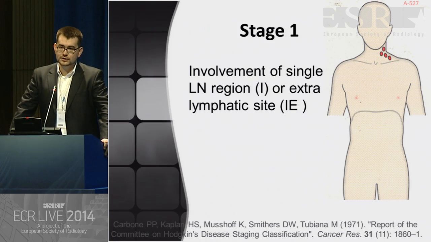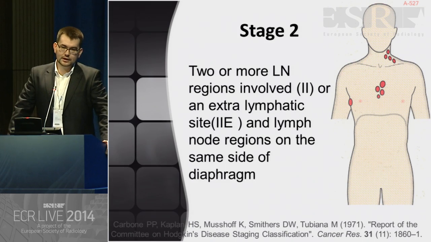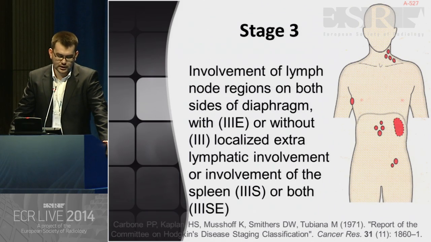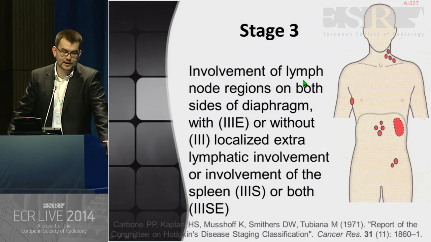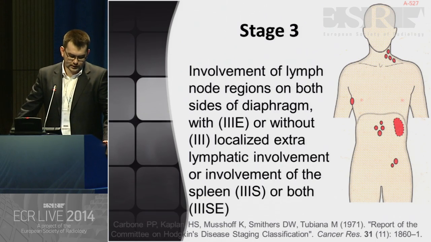The first stage is the involvement of a single lymph node region or extralymphatic site. The second stage is two or more lymph node regions involved, or an extralymphatic site and lymph node regions on the same side of the diaphragm. The third stage indicates that lymphoma has spread to both sides of the diaphragm, with or without focal extralymphatic involvement or a spleen lesion.